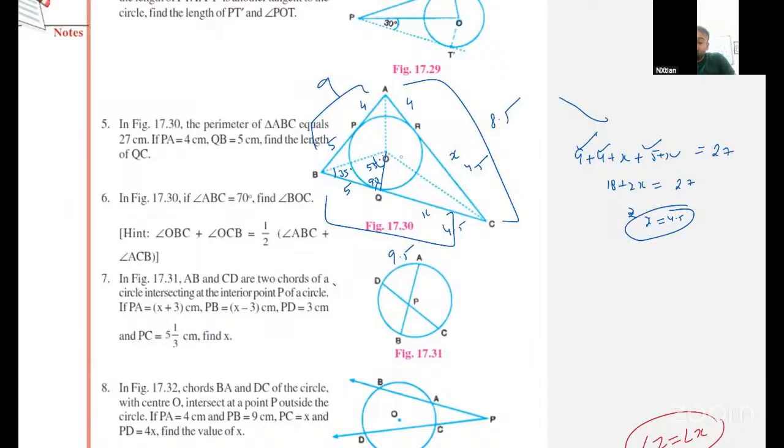Then this is 120. OBC plus OCB. How will you find this ACB? That is my question.